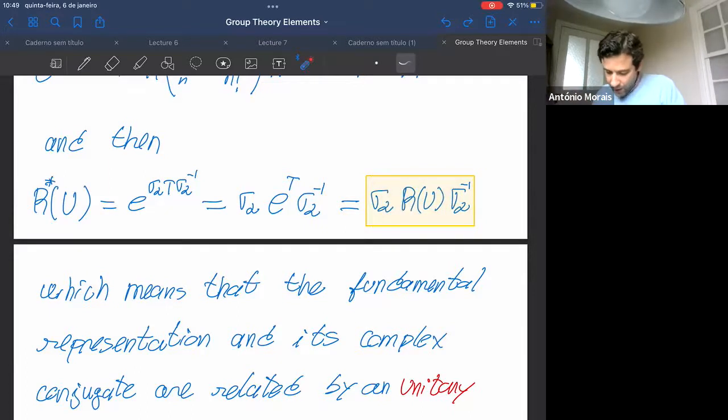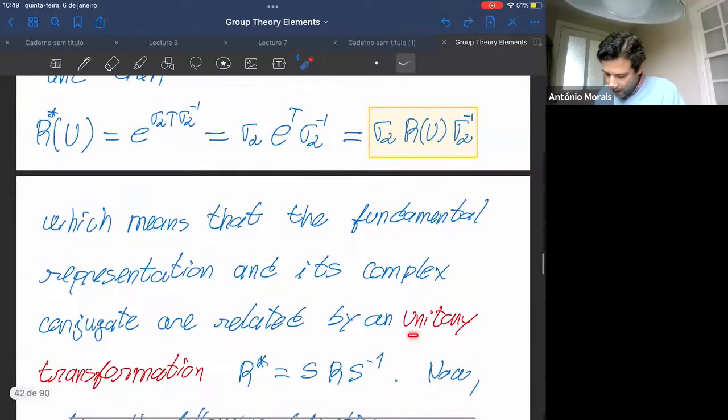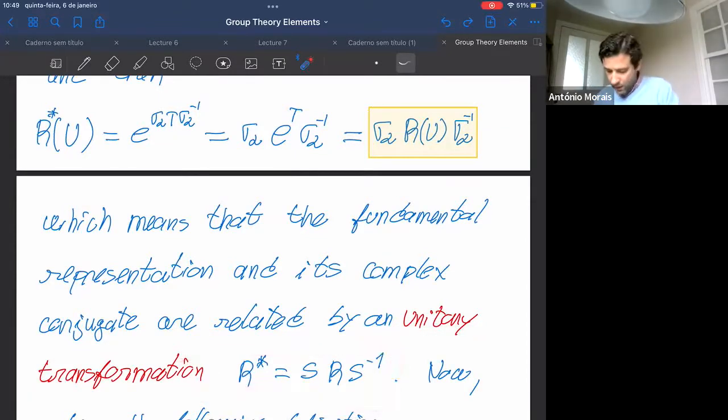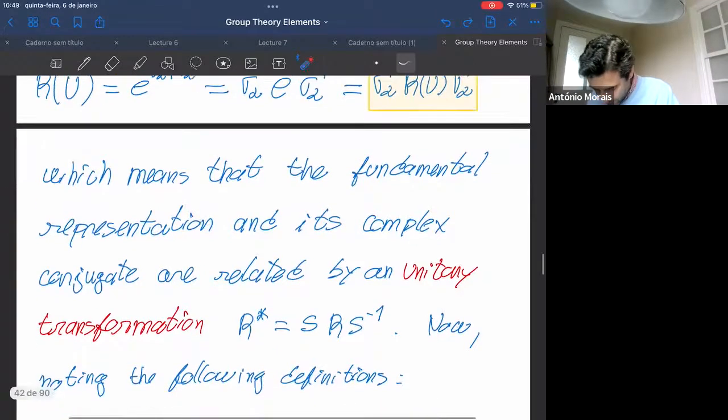And the first observation is that the fundamental representation and its complex conjugate, that is the fundamental and the anti-fundamental, are related by a unitary transformation in this way. So R star is equal to S R S minus 1, where S is unitary.